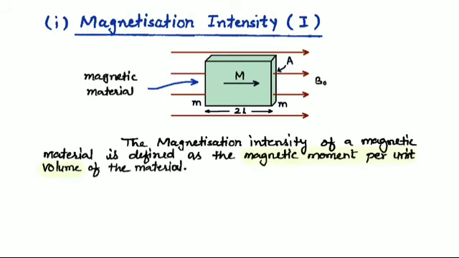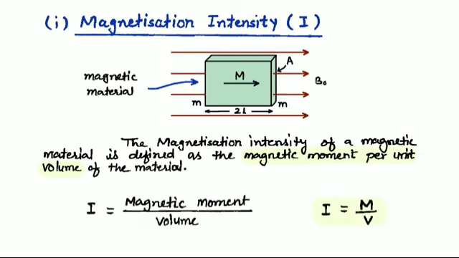Intensity of magnetization. Any bulk material contains a large number of atoms. Each atom consists of electrons which undergo orbital motion. Due to orbital motion, the electron has a magnetic moment, which is a vector quantity.